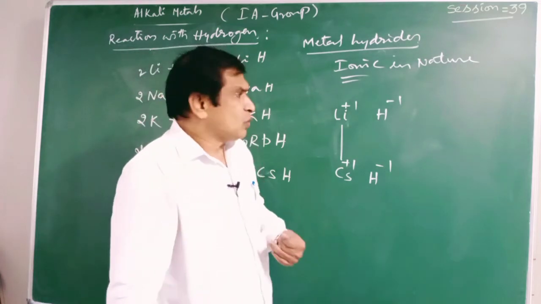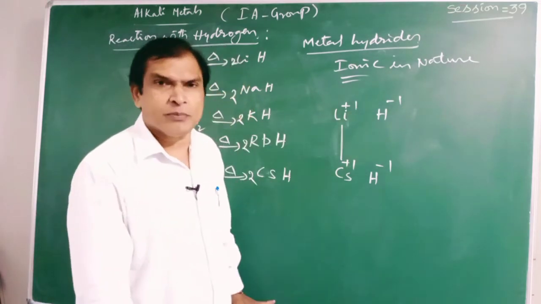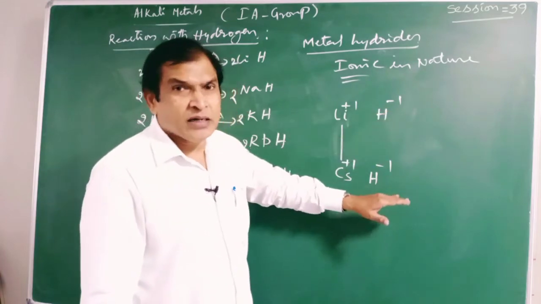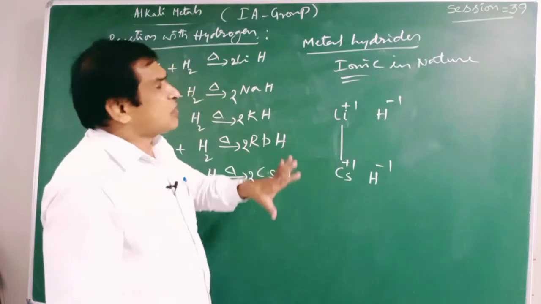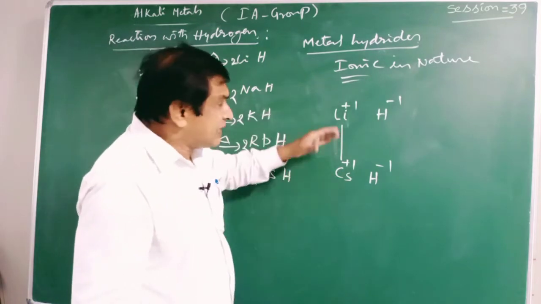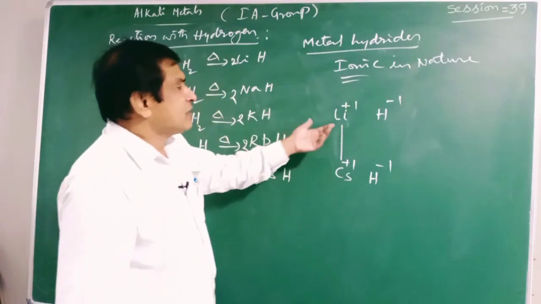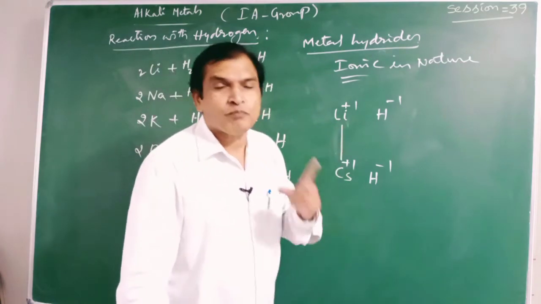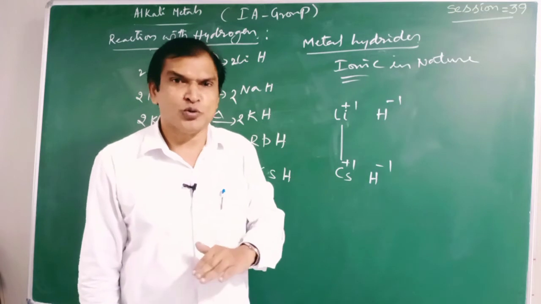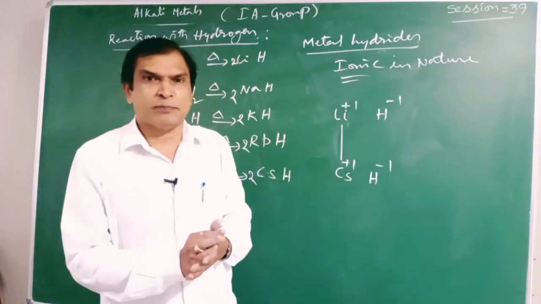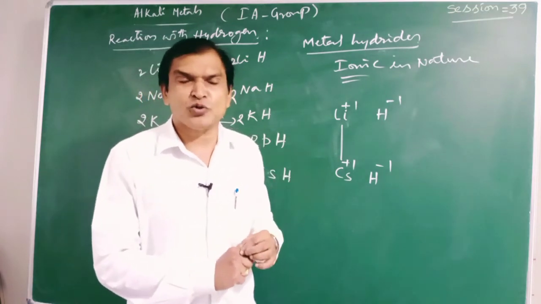According to Fajan's rule, hydrogen is common in all of them, so the hydride H- ion is common and has the same size. The nature of the bond is based on the size of the cation, according to Fajan's rules that you will study in the chemical bonding chapter.